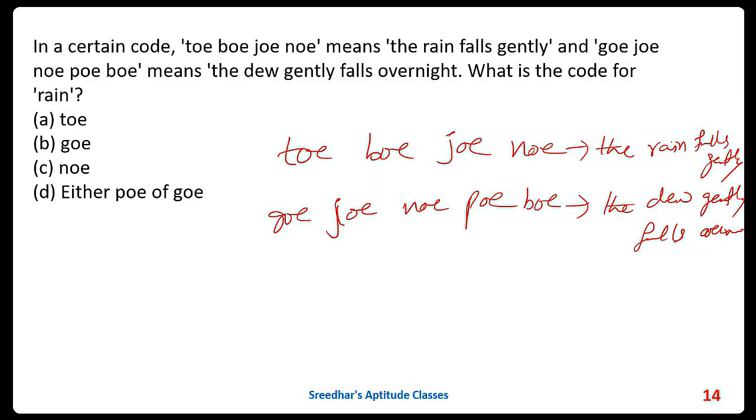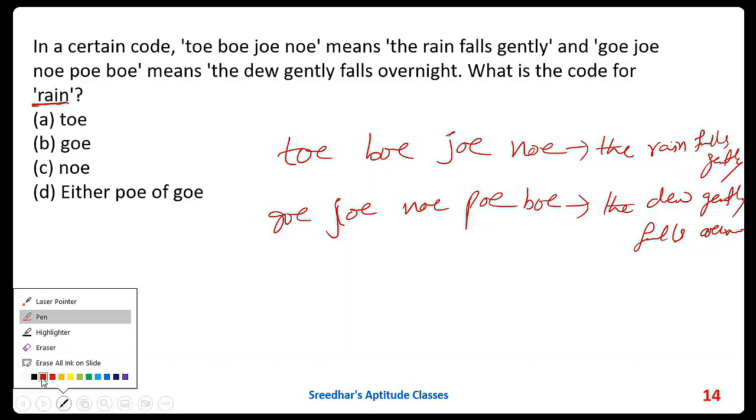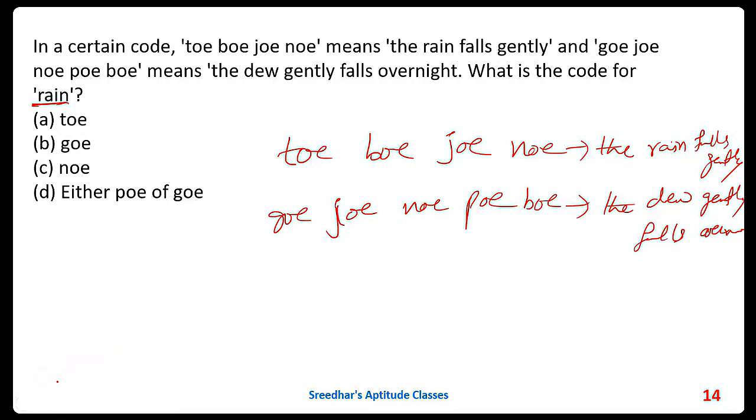So you're asked to find the code for rain. These are called comparison coding questions. You have to compare. The rain falls gently, the dew gently falls overnight.